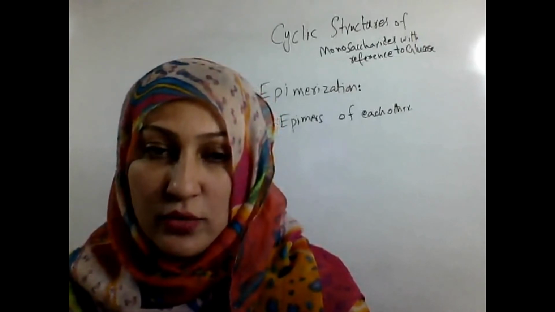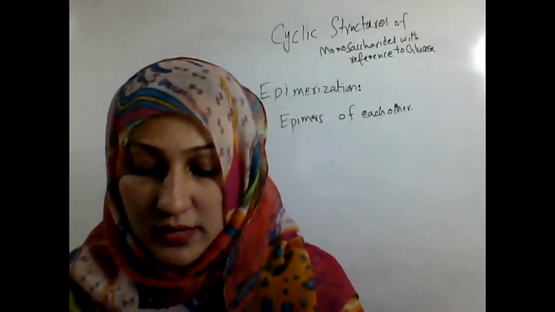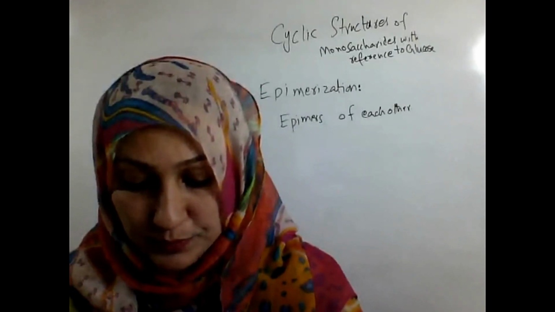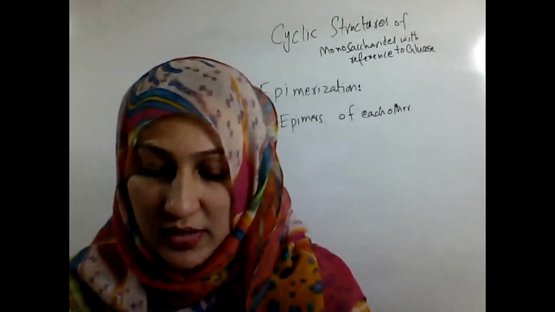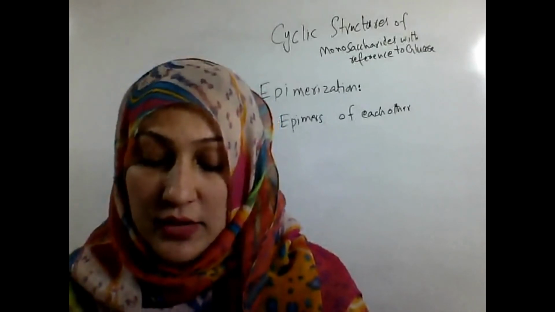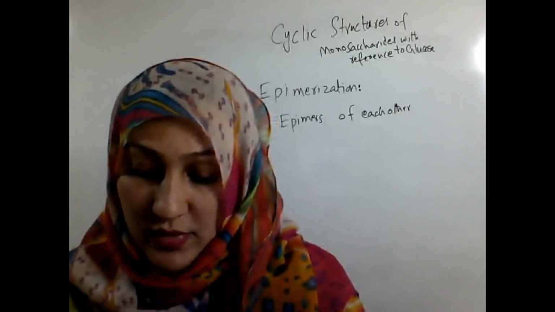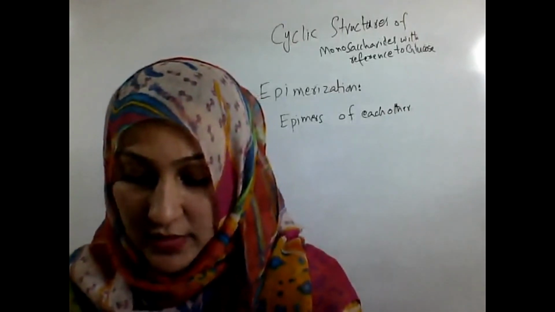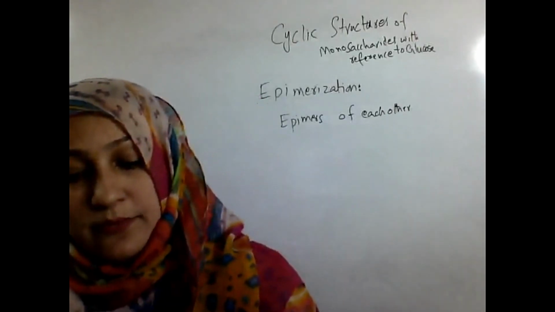Similarly, mannose and glucose are epimers of each other because they differ only at carbon number 2. Epimerization is a process by which one epimer is converted to another, and it requires the epimerase enzyme.